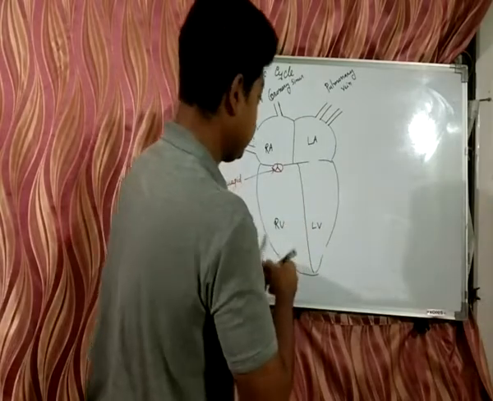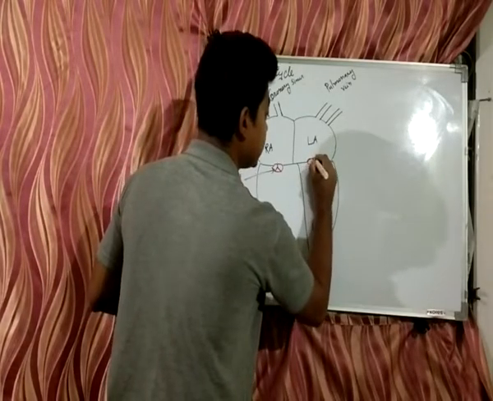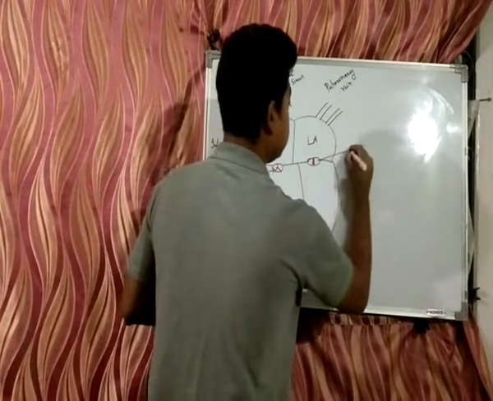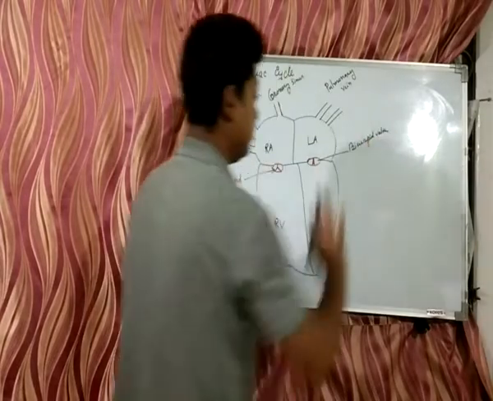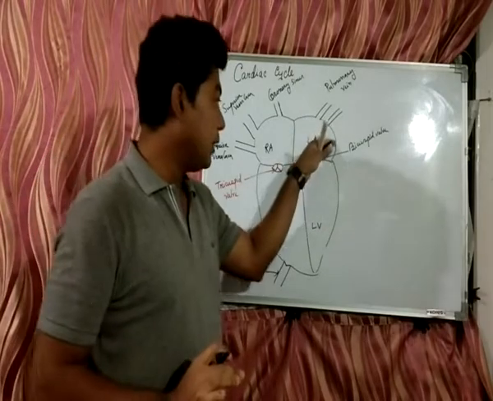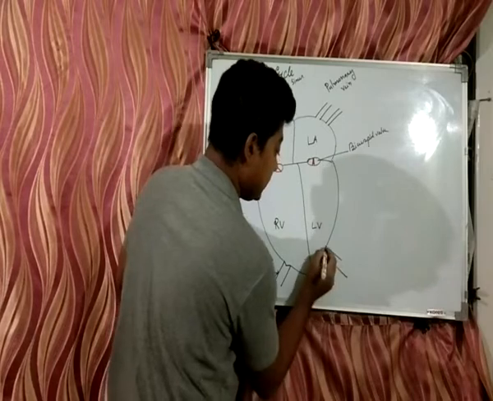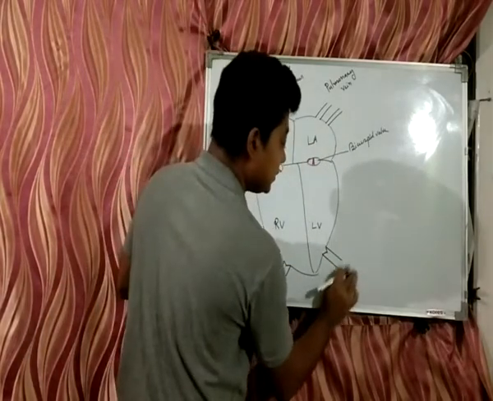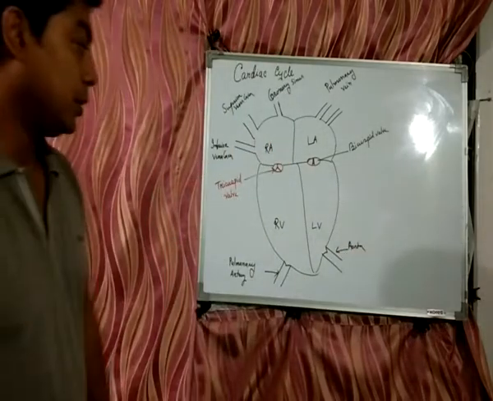Here the bicuspid valve is present, and through the bicuspid valve, oxygenated blood comes from the left atrium to the left ventricle, and from the left ventricle, it enters the aorta.